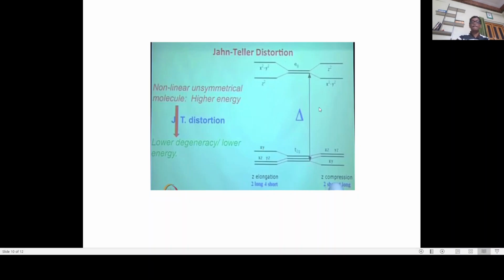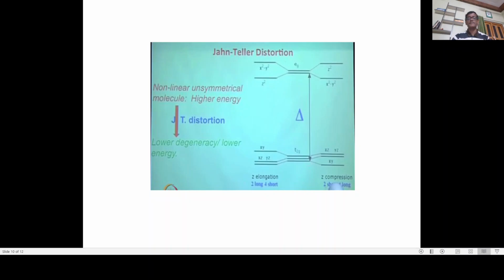When it is Z compression, then dz square will be higher in energy, that is destabilized, dx square minus y square stabilizes, and dxz, dyz stabilize in the configuration. So you can find Jahn-Teller distortion gives us the idea of asymmetrical filling in Z elongation and Z compression.